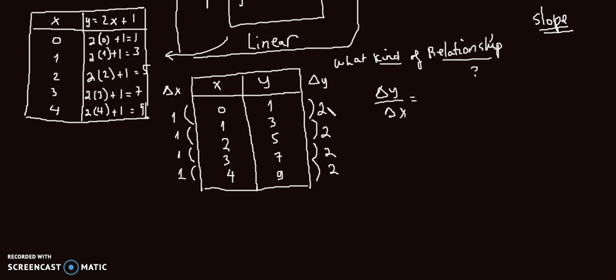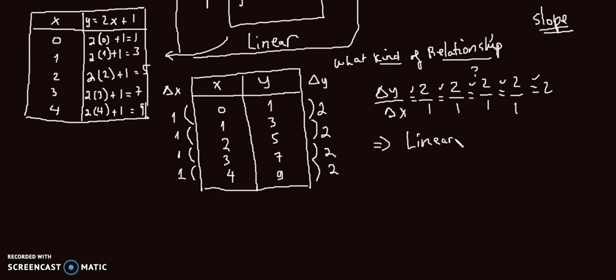The first pair is 2 divided by 1, and again 2 divided by 1, 2 divided by 1, 2 divided by 1. So actually, these are equal to each other, and it's constant. So from this alone, we can conclude that this is a linear relation.